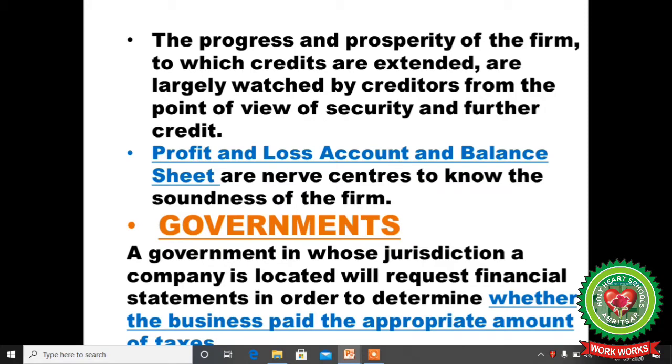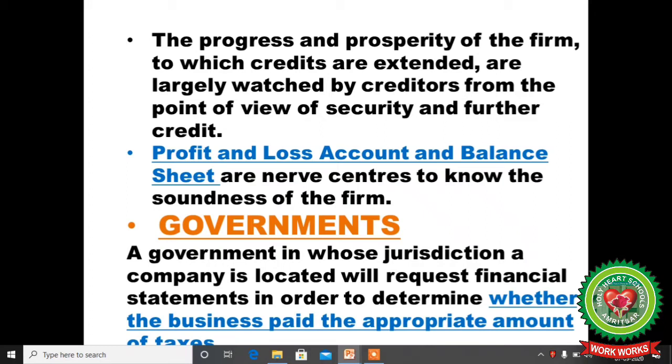Then firstly the creditor checks the financial statement. If the company is capable of paying back the money, only then does the creditor extend the credit facility. Profit and loss account and balance sheet are the nerve centers to know the soundness of the firm.